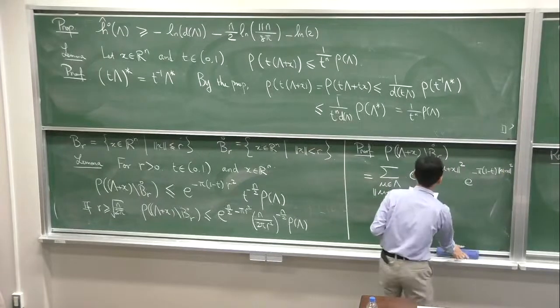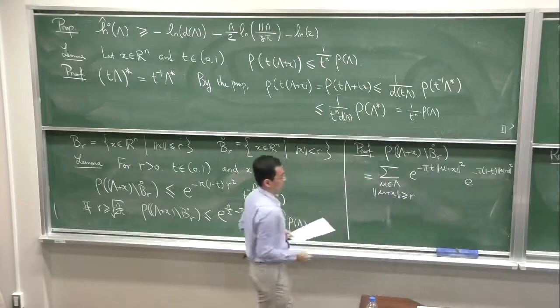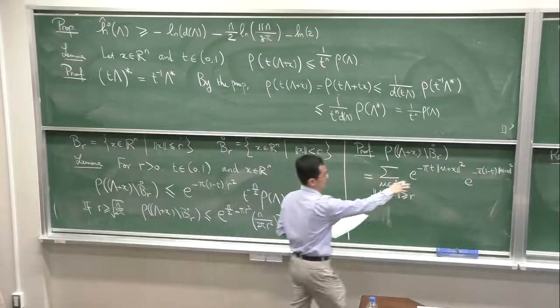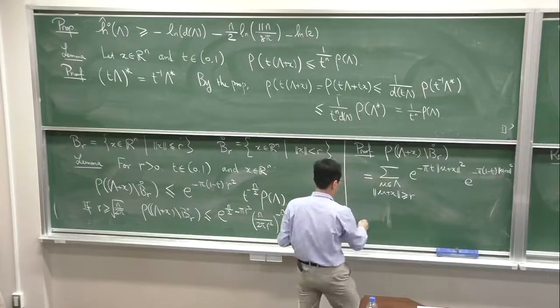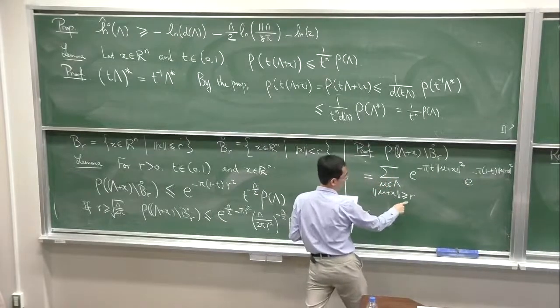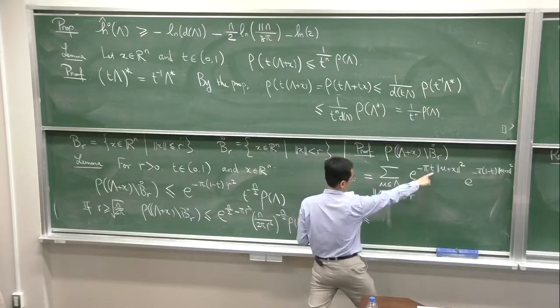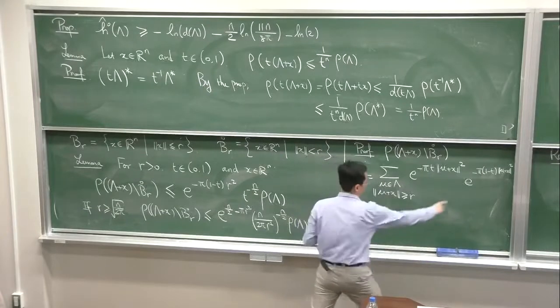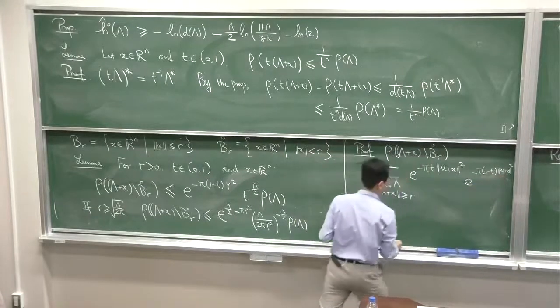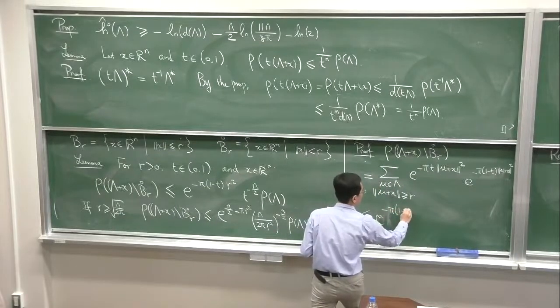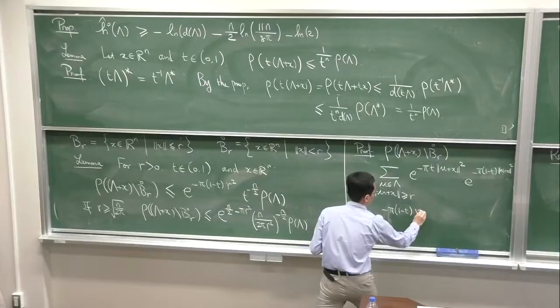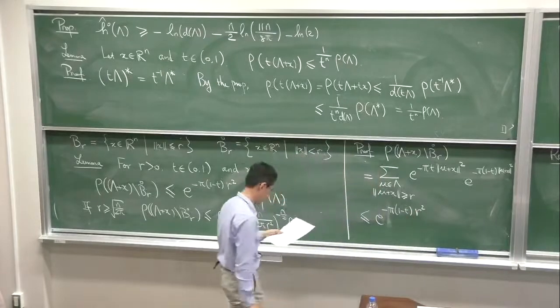I'm doing nothing but decomposing the exponential with t and 1 minus t. But you know that this norm is at least r, so you can give an upper bound of this one. So e^(-pi(1-t)r^2), you just take r squared.